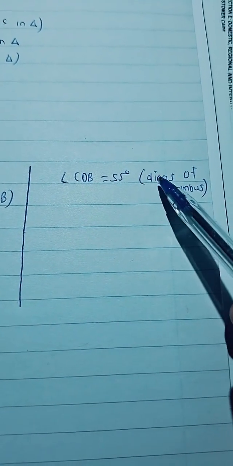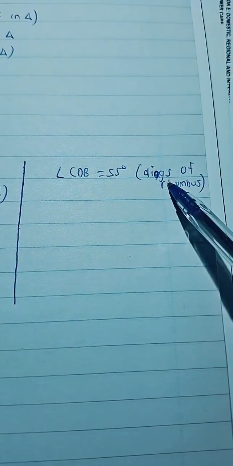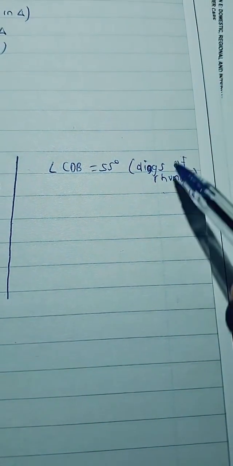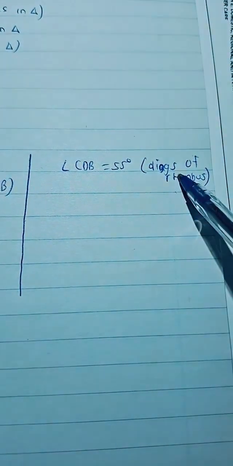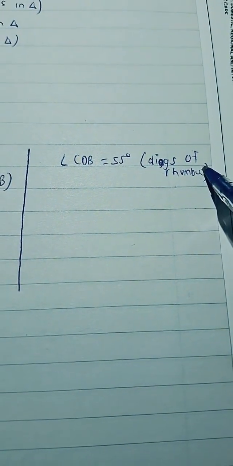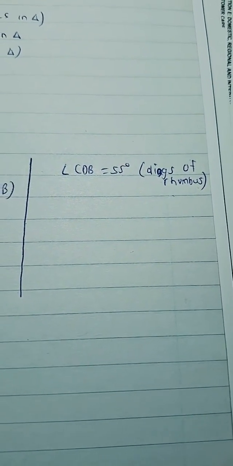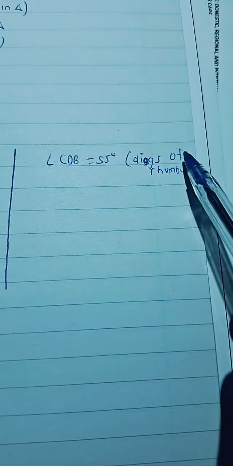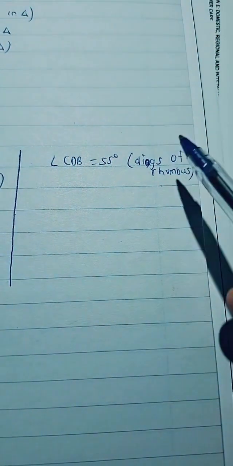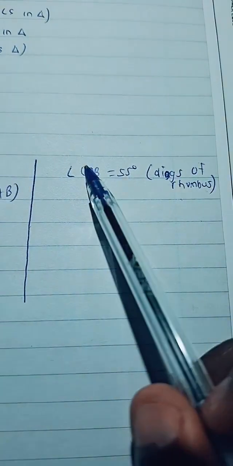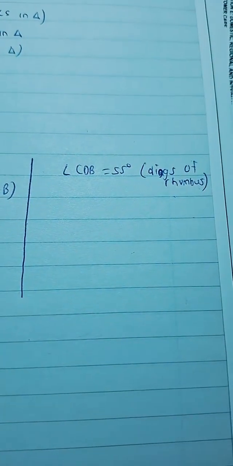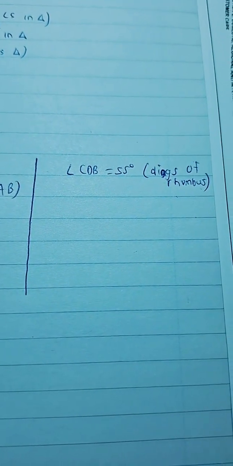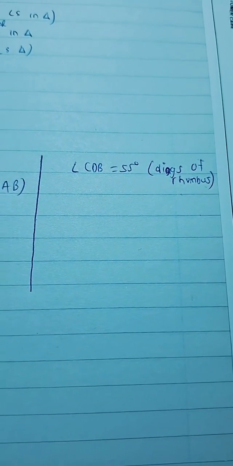And this DIAGS is a short way of saying diagonals of a rhombus. Okay, so if you say angle CDB is 55 degrees and you say diags of rhombus, whoever's marking you, who knows the acceptable reason document, will understand that this is a reason that basically accommodates when someone has identified angles that are equal, that are bisected obviously in the corner, and therefore it means that they are equal, those angles.